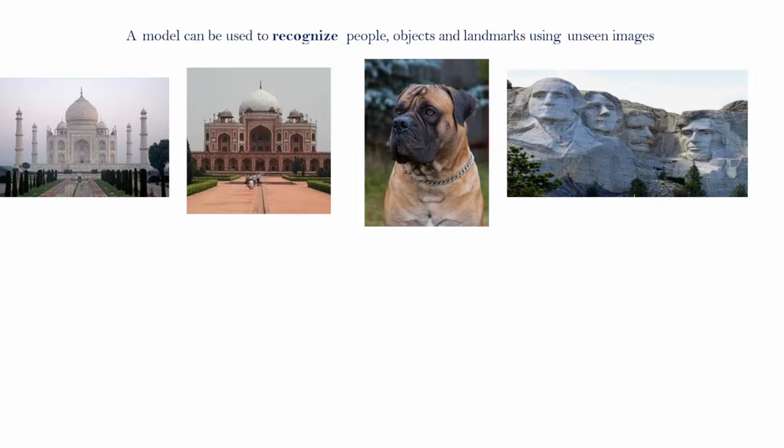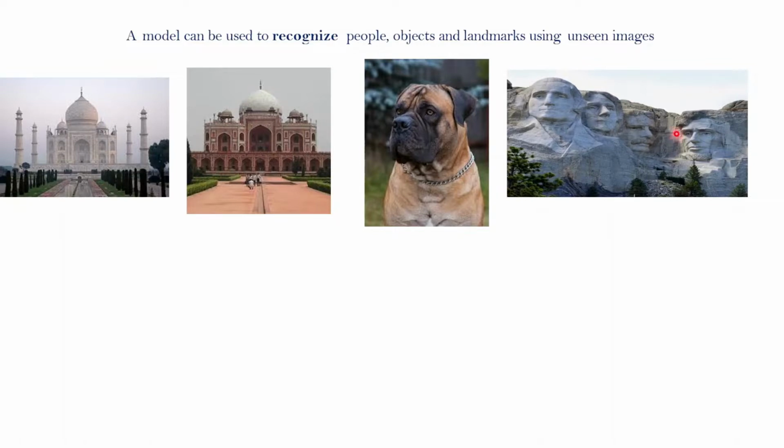In detail, we know Abraham Lincoln and George Washington. One of these gentlemen is Theodore Roosevelt, and another is Thomas Jefferson. But actually, I don't know. But a model can identify them by their faces. So this is representing George Washington.